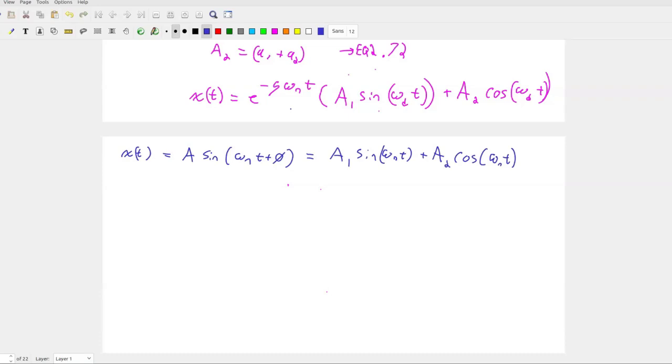So in linear systems, we can linearly superimpose solutions, and I can get x of t, and this is an important one to write down, is equal to A e to the negative zeta omega n t sine of omega d, now because we're damped, t plus phi.